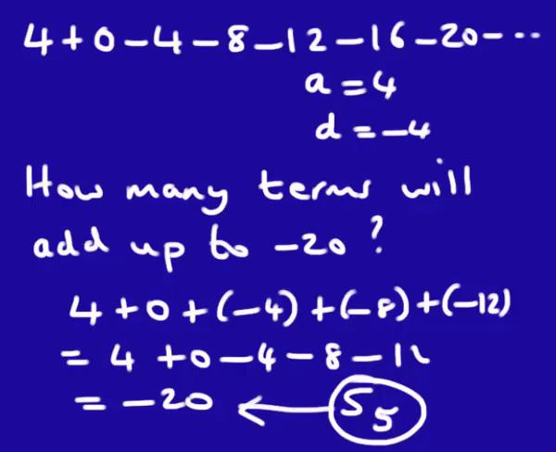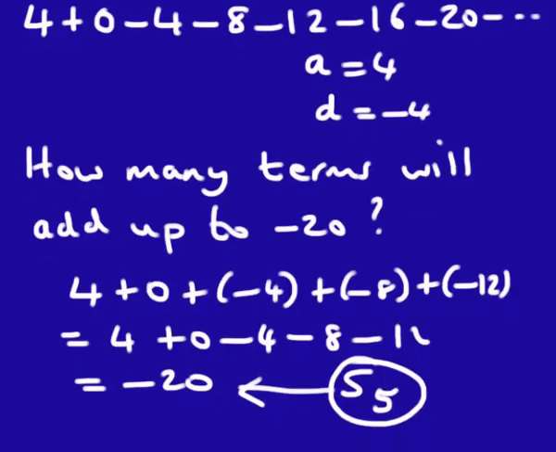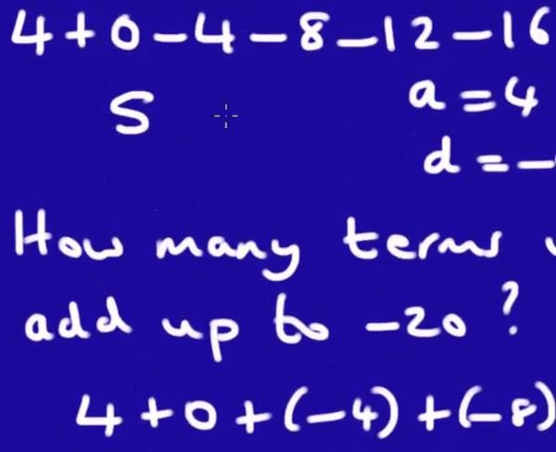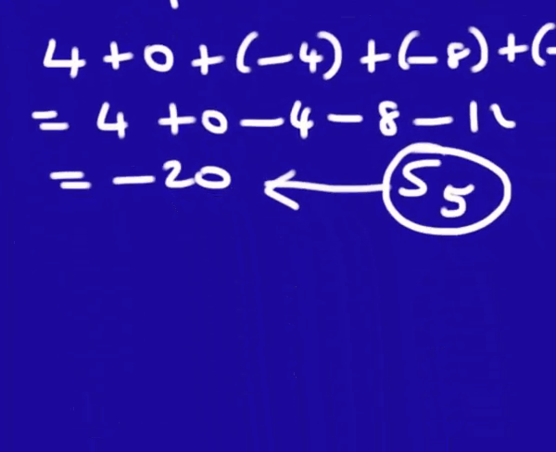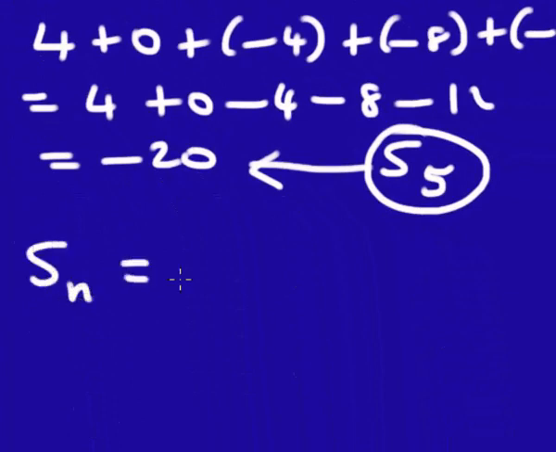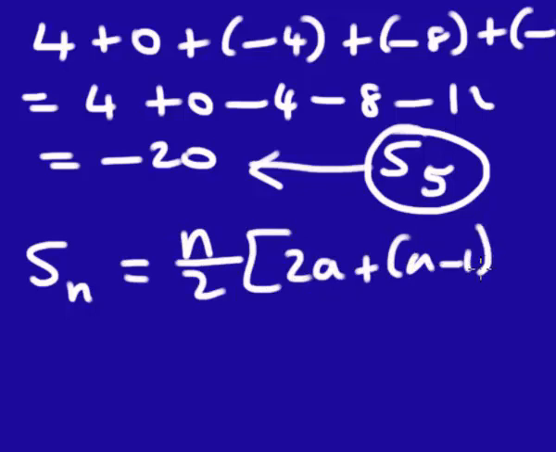Okay, so the question is, how do we use a formula to do this? Well, look, let's assume that we've got the sum is given as negative 20, but we don't know how many terms. We know it's 5, but let's pretend we don't, and we want to use a formula. Well, because it's arithmetic, we've got Sn is n over 2 into 2a plus n minus 1 d.